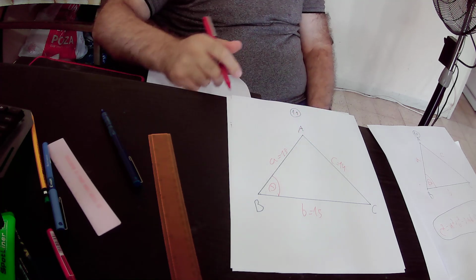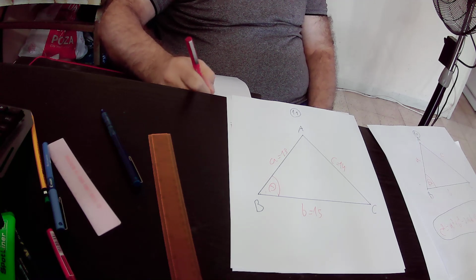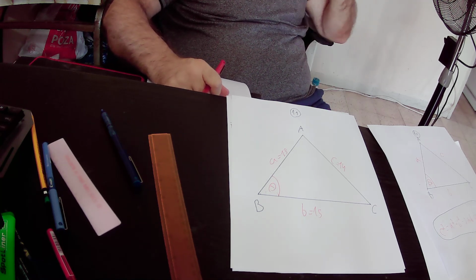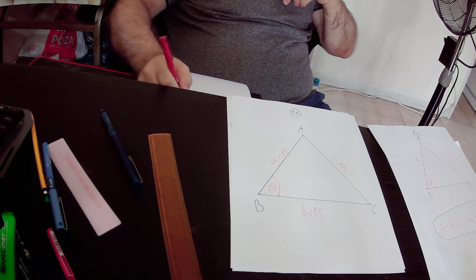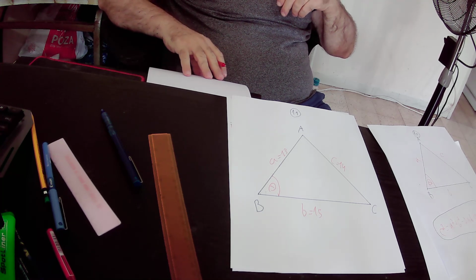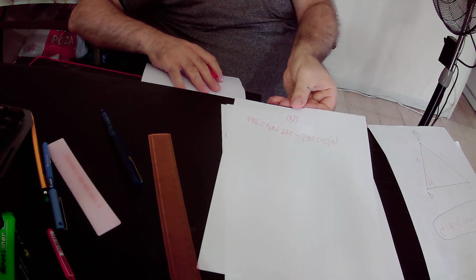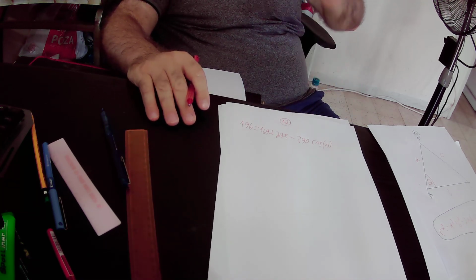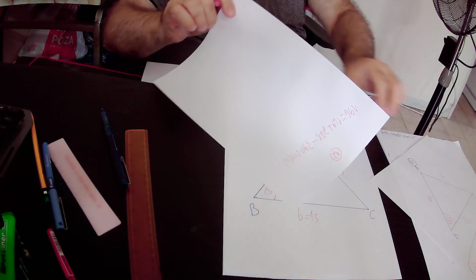B is 15, so B squared is 225, minus 2 times A times B. 2 times 13 times 15 is 390 cosine theta. Okay, so we got this equality. So 169 plus 225 is 394. So I write it down.